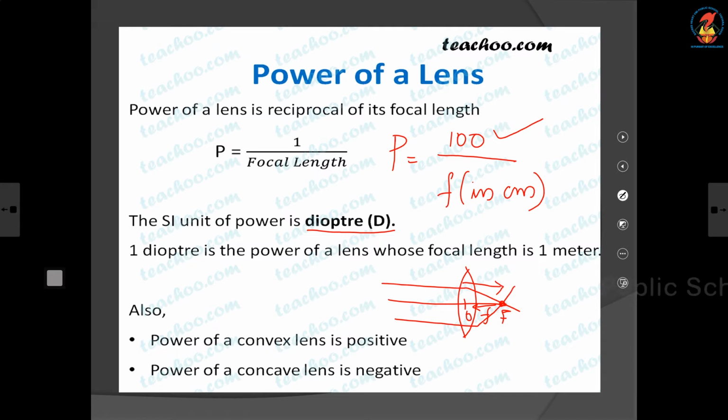Focal length is positive. So, power is also positive for convex lens. Now, for concave lens, the focal length is negative, like this.